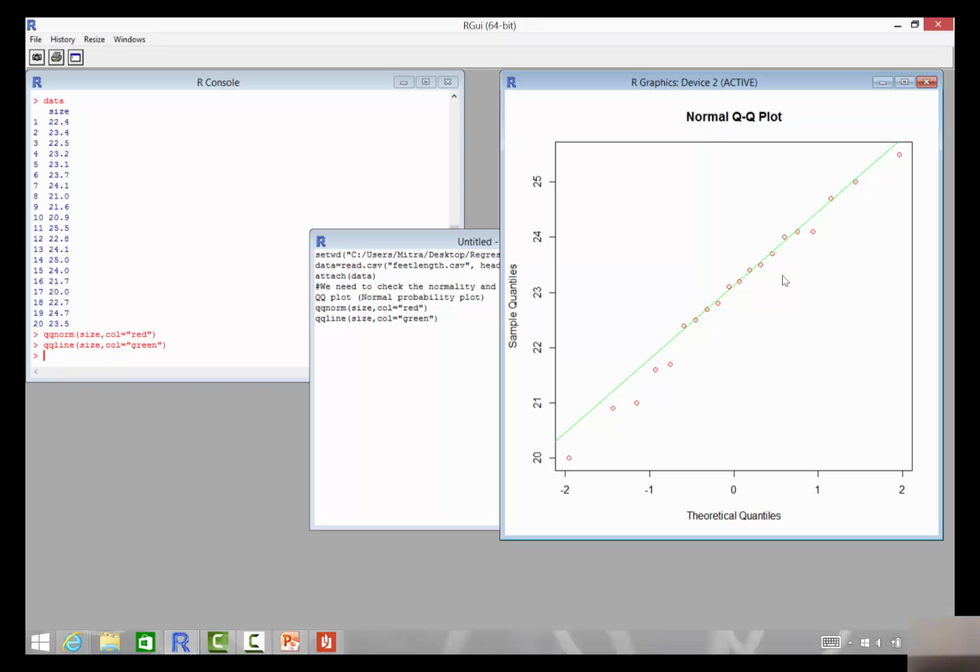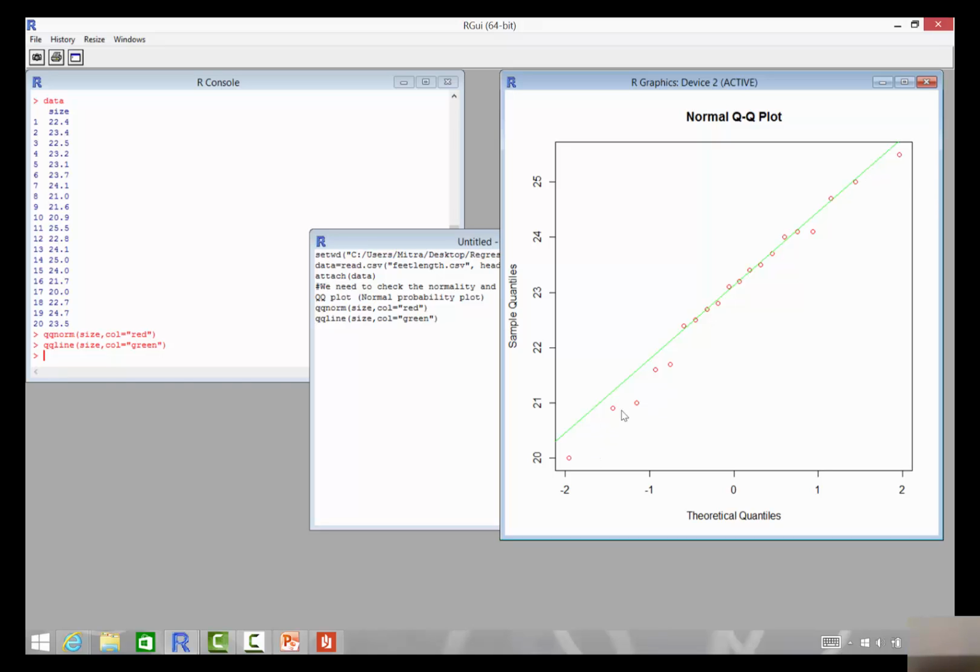So how do you interpret this plot? If there are some outliers, then the data will be something like here or here. Here all the points are very close to this straight line.